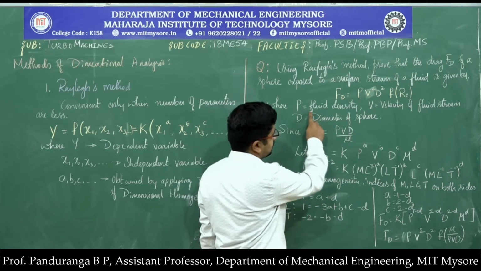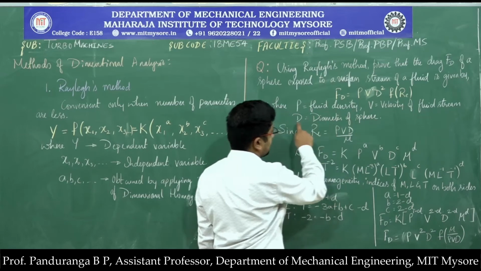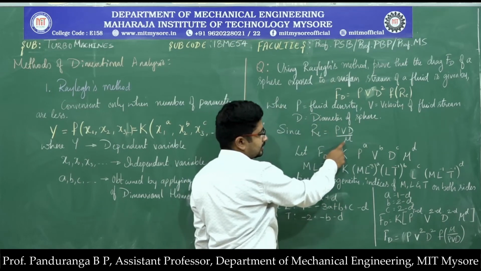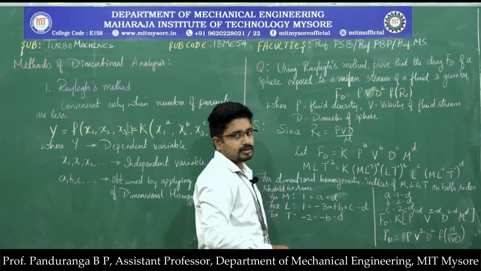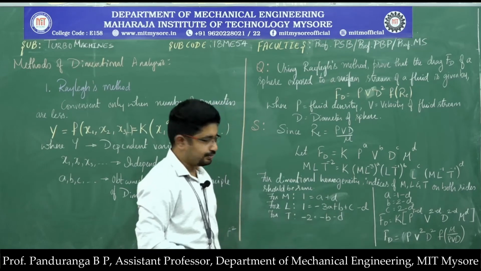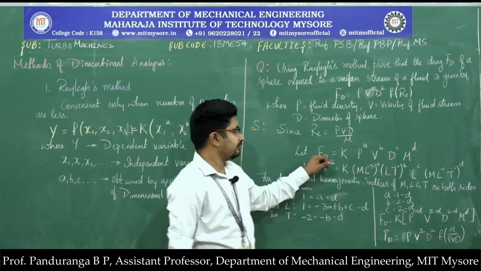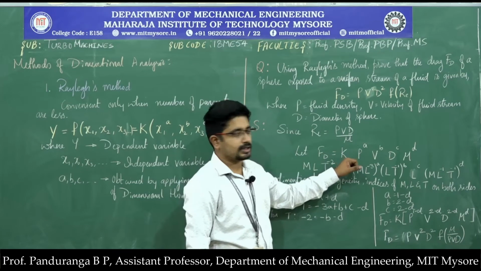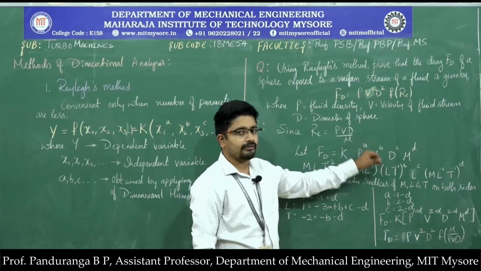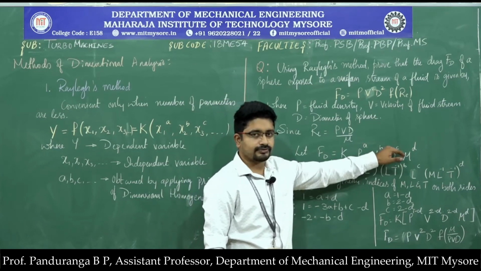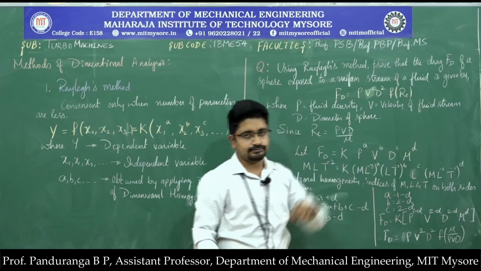We have the fluid density rho, velocity v, and diameter d, and in the Reynolds number I also have the dynamic viscosity mu. So I have written Fd as k, a constant, into rho to the power of a, v to the power of b, d to the power of c, and mu to the power of d.